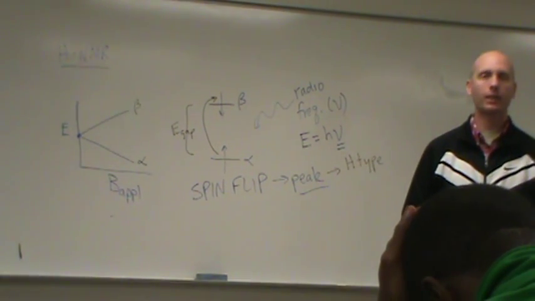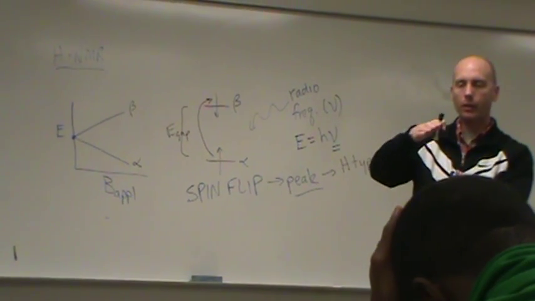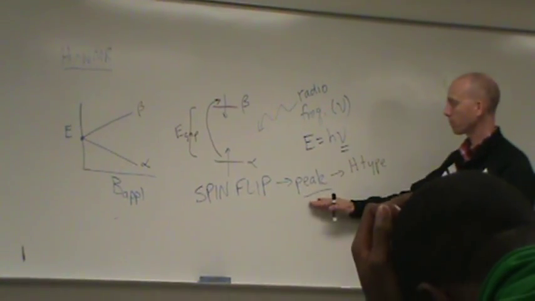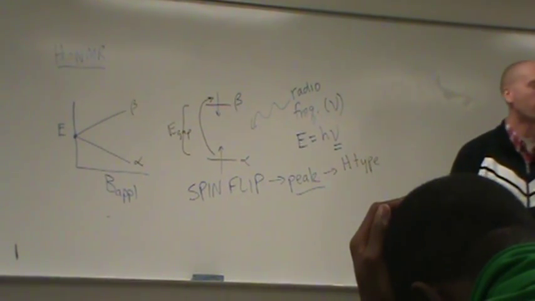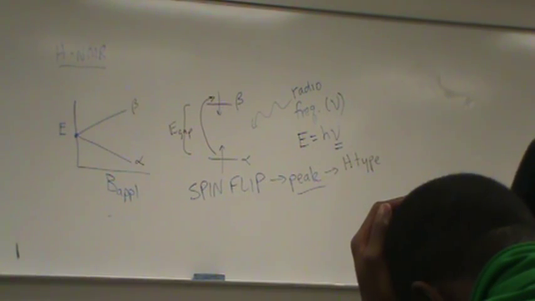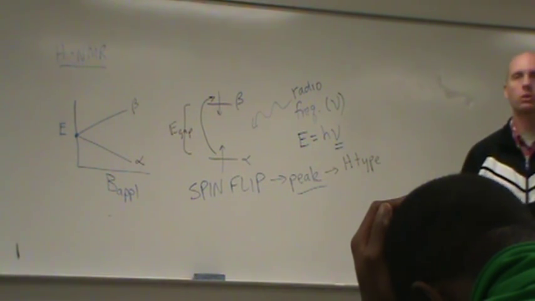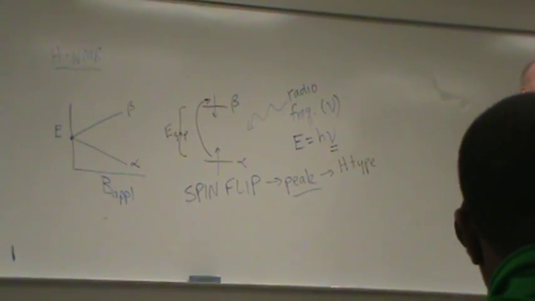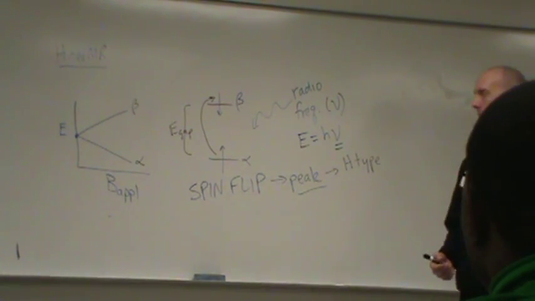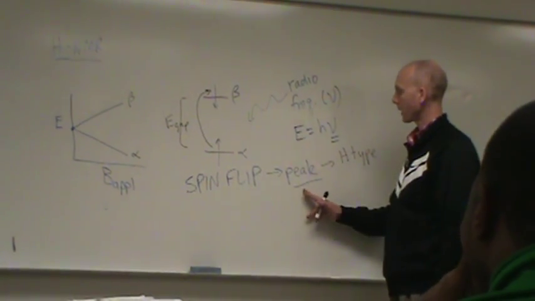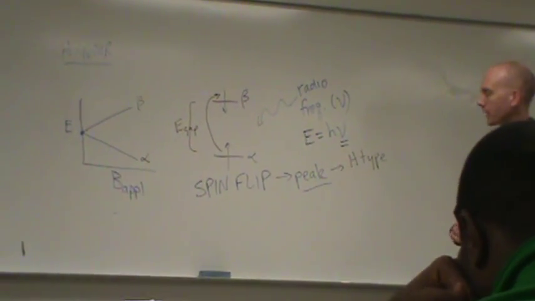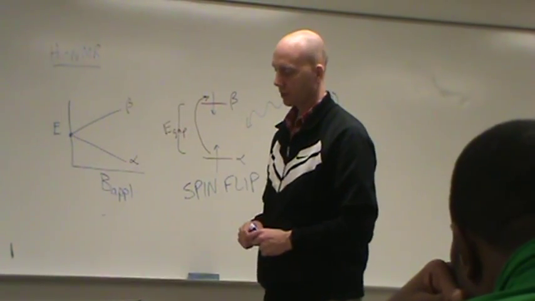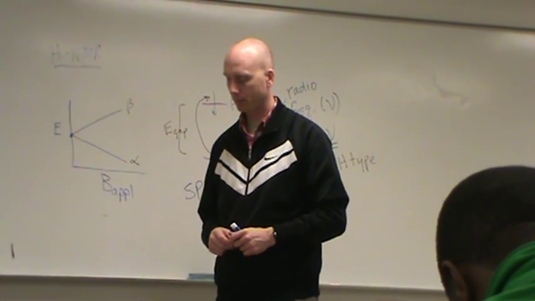So every hydrogen out there will have a particular energy gap, and so will have its own particular peak. And that's what we're going to develop. Any questions on that? That's where we are, just unpacking this theory a little bit. We'll see how it all comes together at the end. But every hydrogen type has its own particular spin flip energy, which generates its own particular peak.